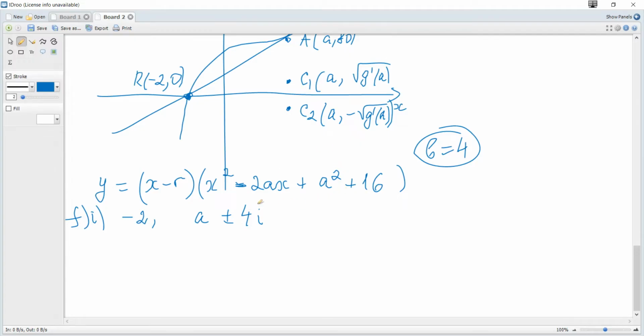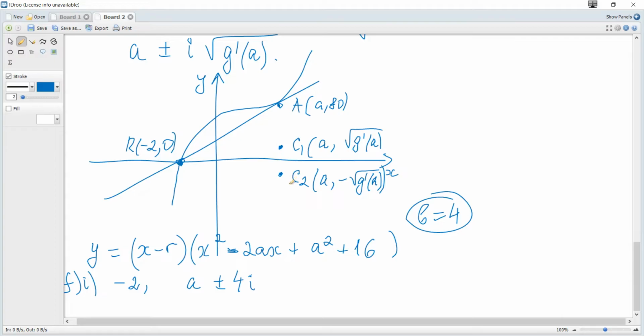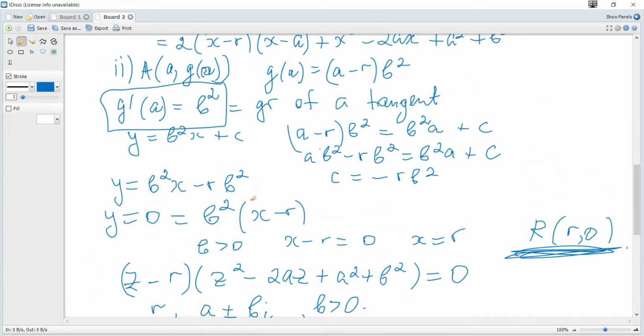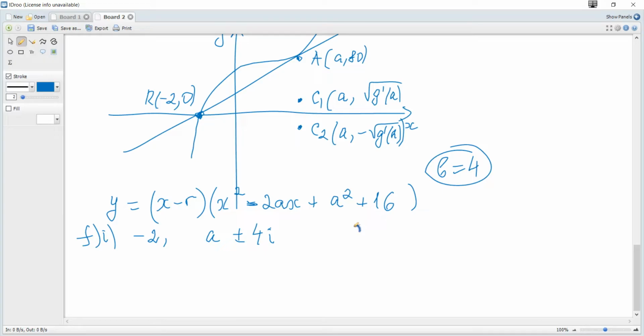How to find a? We can find it from the tangent. What is the gradient of the tangent? We know that the gradient of the tangent at point A is b squared. We can use the expression for g because it's of the same form, so the derivative at A is b squared, which is 16, and we know the derivative at a point is the gradient of the tangent, so the gradient of the tangent is 16.